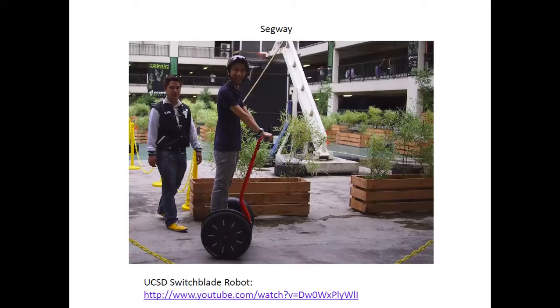So if you don't know what this is, you stand on it, you lean, and it keeps you up. Keeps you up even though you're just leaning, but when it's on, it moves to keep you balanced, and of course lets you lean and steer, and it'll be a mode of transportation.